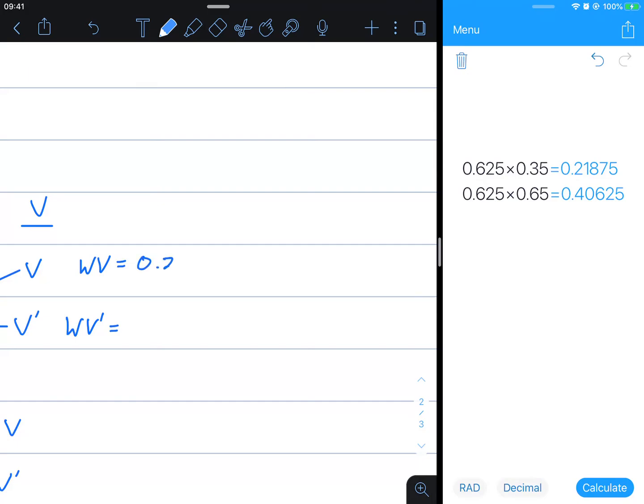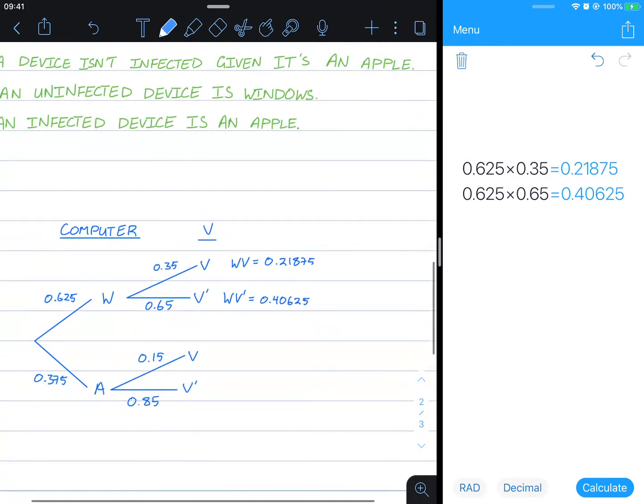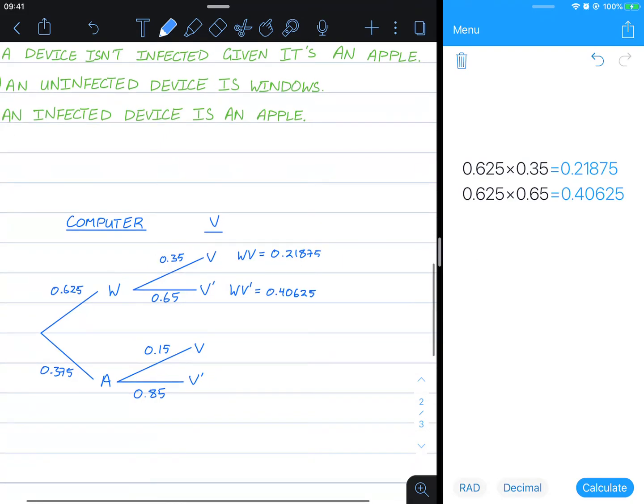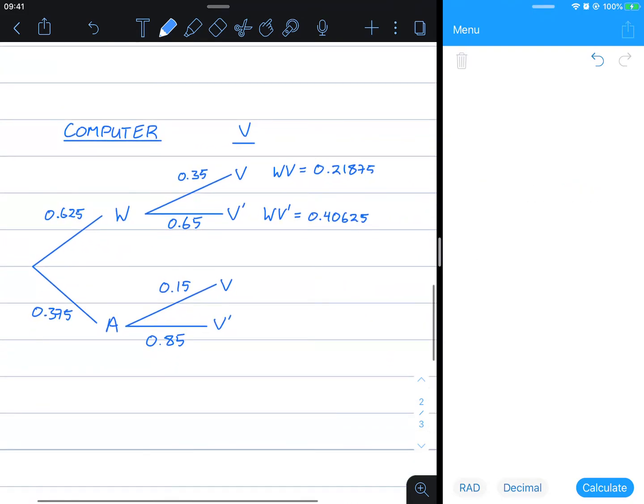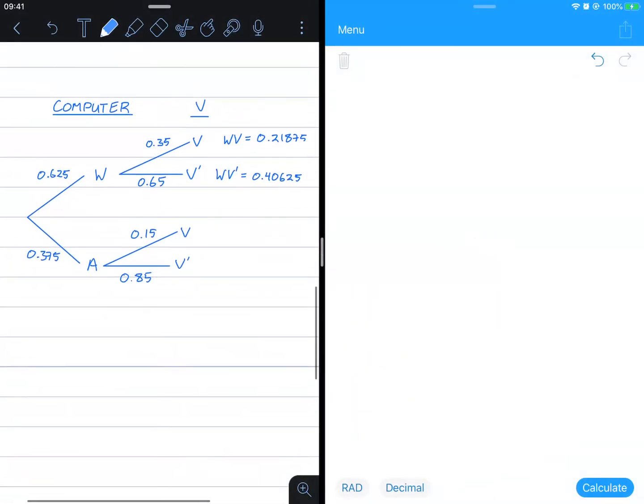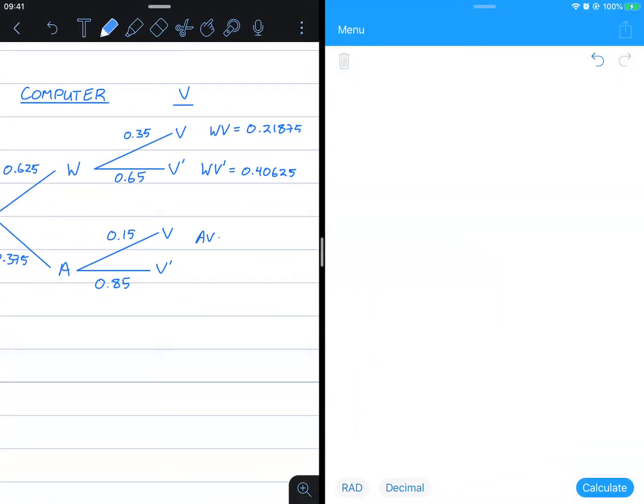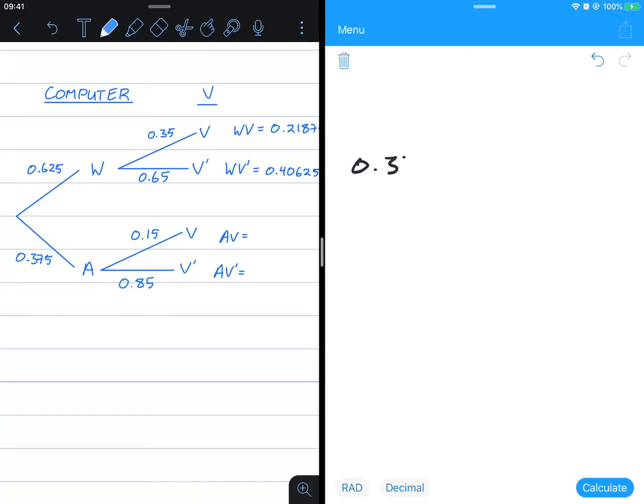That's 0.21875. That's a really strange number there, and 0.40625. Especially with probability, do not round the numbers. We need the full probability here. Let's do Apple with the virus and Apple without the virus. 0.375, this one is times 0.15, this one is 0.85.